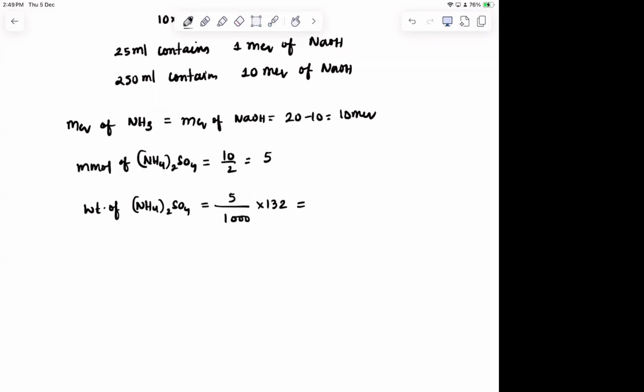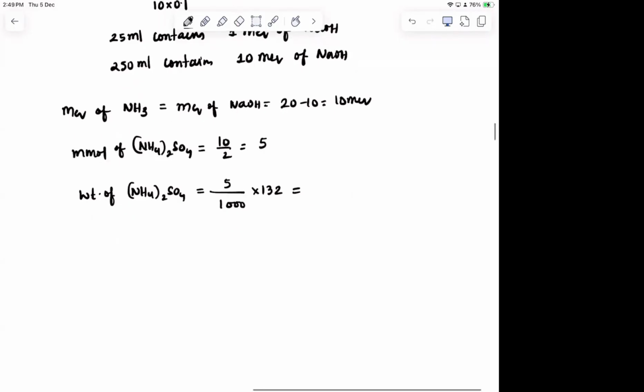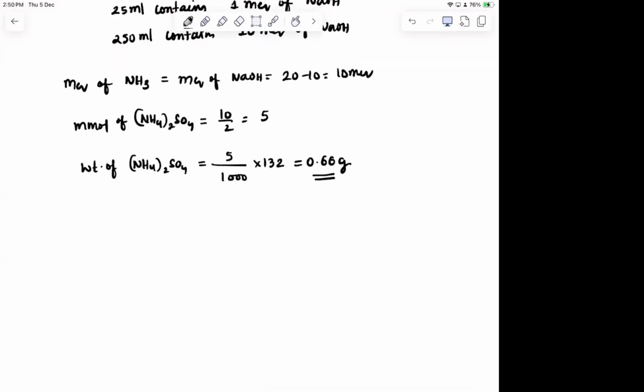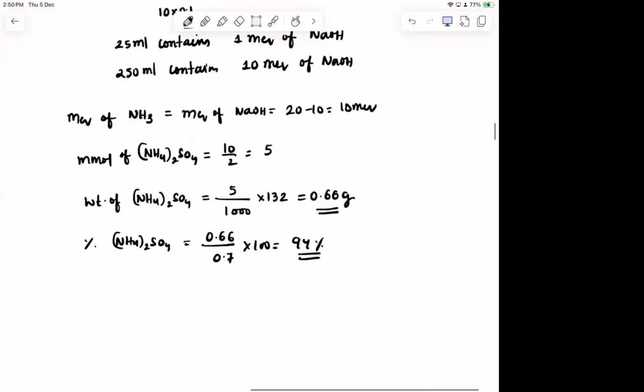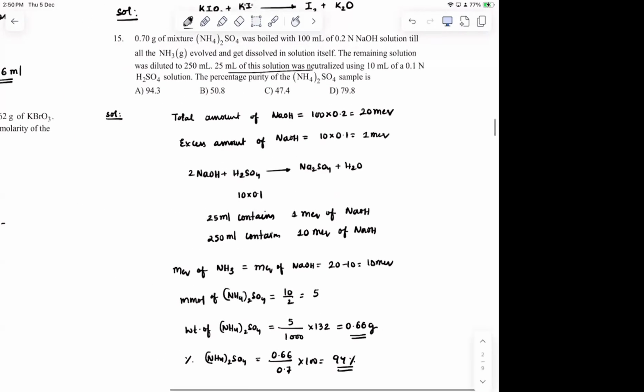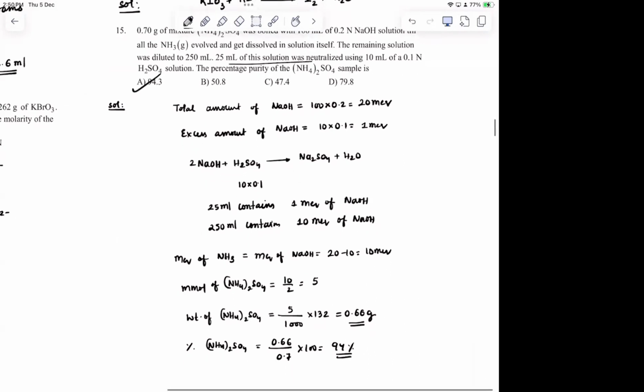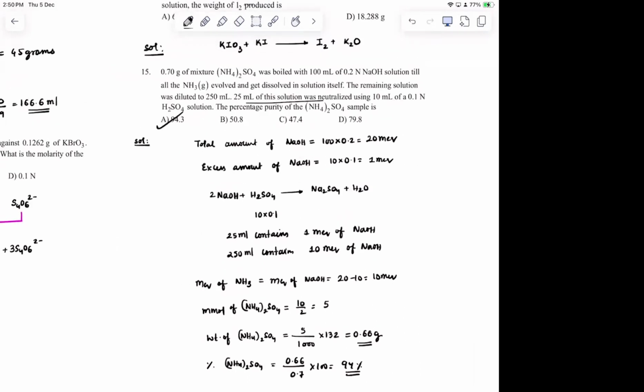So 5 divided by 1000 into 132 will come out to be 0.66 grams. So this much is the weight of ammonium sulfate in grams. So what is the percentage amount of ammonium sulfate? That will be equal to 0.66 by 0.7, which is given, into 100. So that is approximately 94 percent. Okay, please check it out. Back titration questions are usually framed this way.